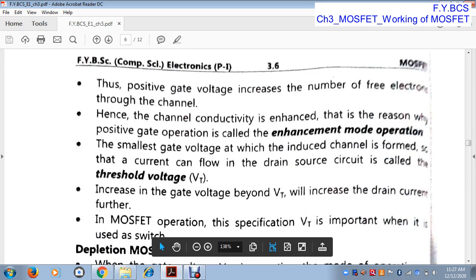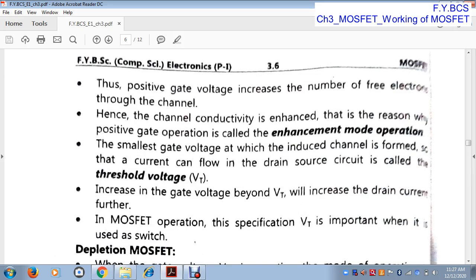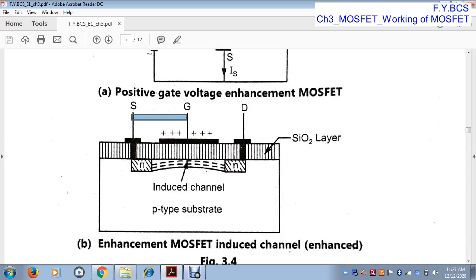The smallest gate voltage at which the induced channel is formed, and the current can flow from drain to source, is called the threshold voltage. Which is the threshold voltage? The voltage at which the channel is formed between source and drain.